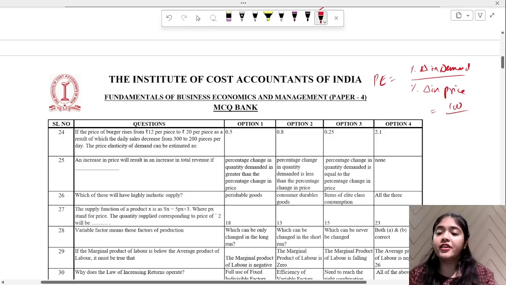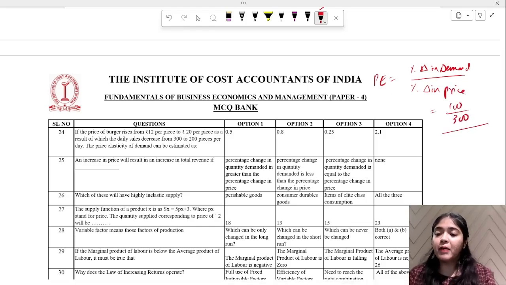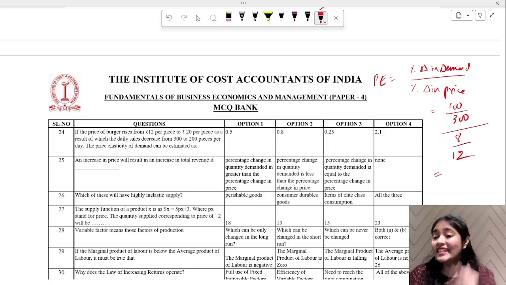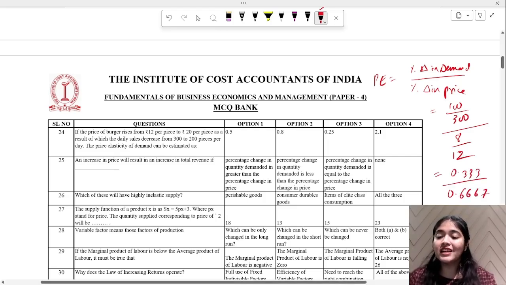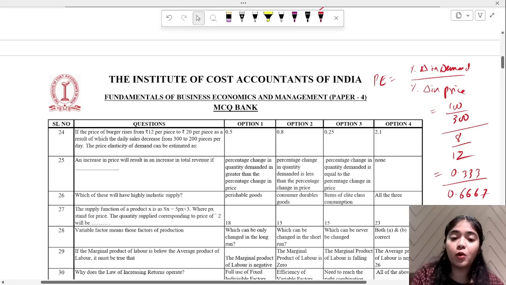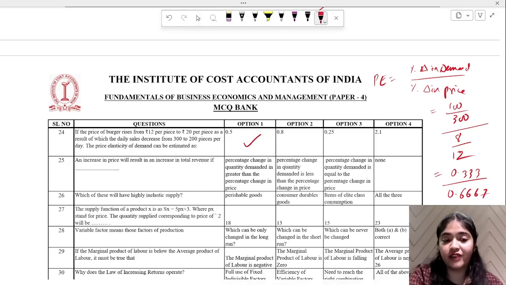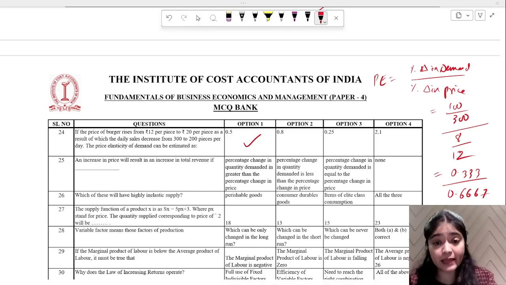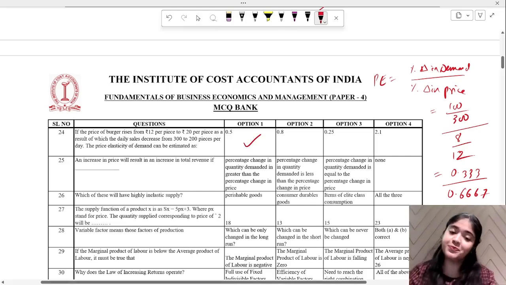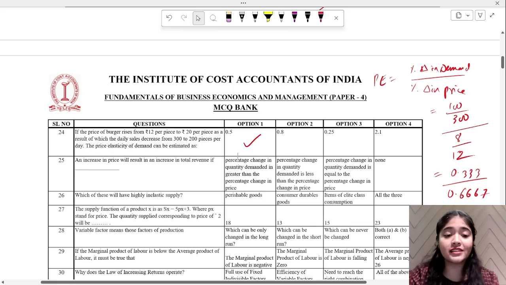So that is 100 upon 300 divided by 8 rupees that has been changed, and the original price was 12. 100 was the quantity change. It has decreased by 100 and earlier it was 300. So it goes around 0.33 something and this will be 0.66667. So that will result in 0.5. So our option number 1 is correct over here, 0.5. I hope you all have also got the same answer for this one, right? Great. Now let's go ahead.